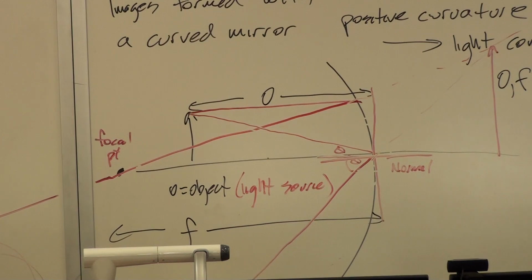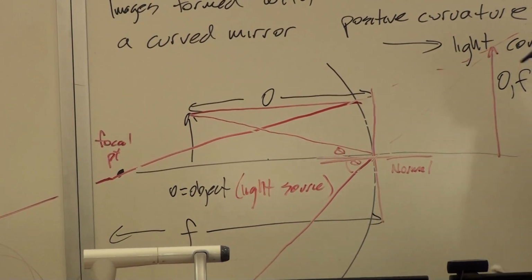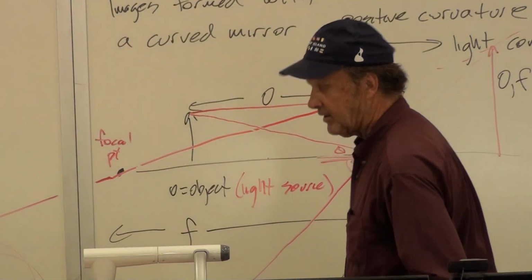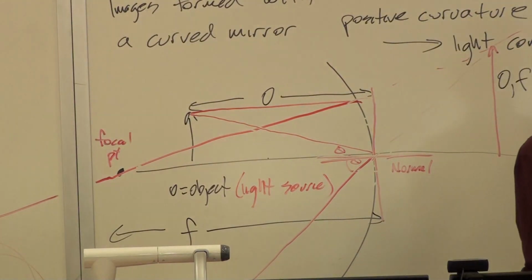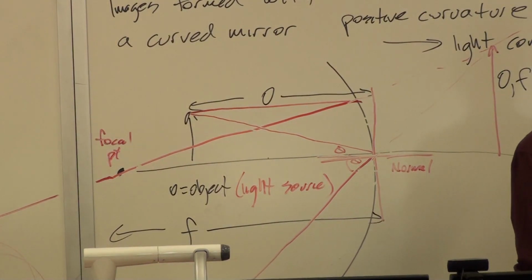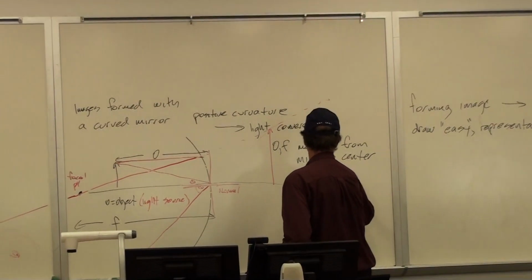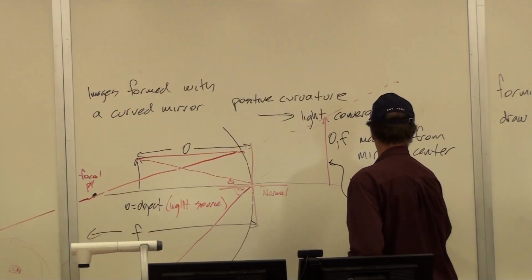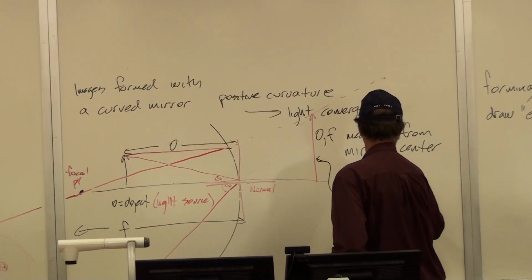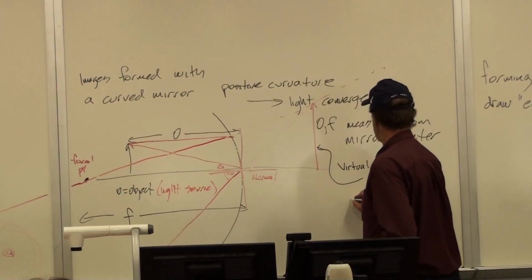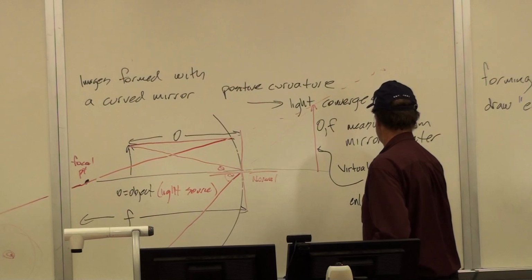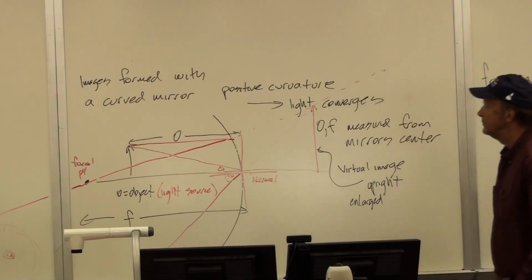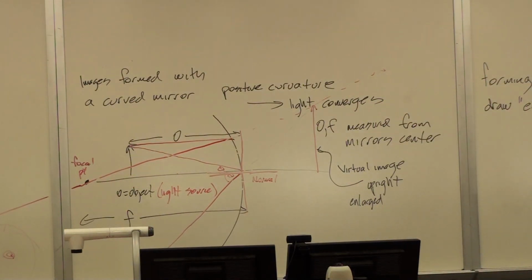It can't be a real physical projection of light. And that's how we narrow this down to being a virtual image. It also looks upright, and it looks enlarged. Looks bigger. Looks magnified. Those are all things that we're getting from this.